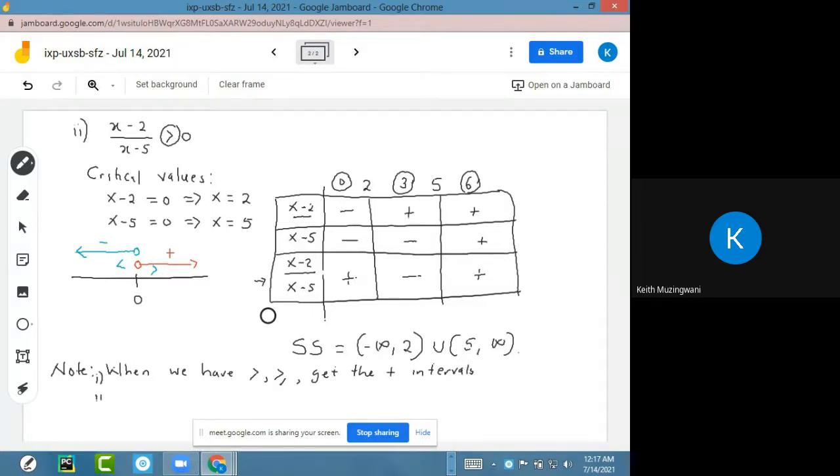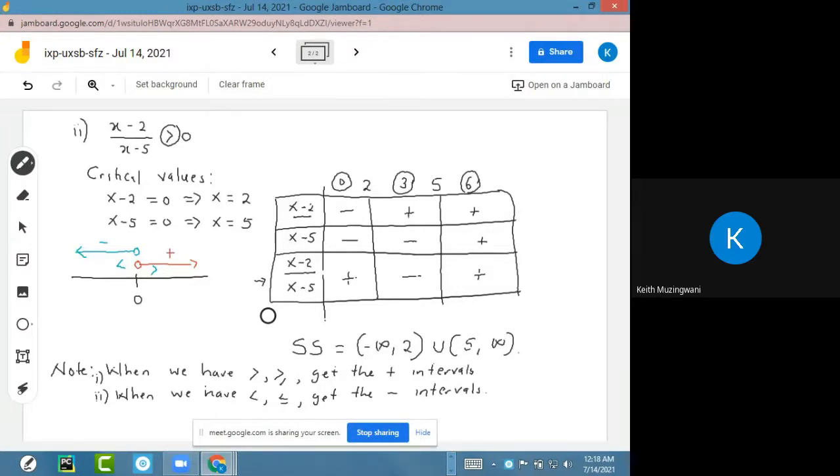When we have less or equal to, we get the negative intervals. So this is helping us to know what to get when we have what.